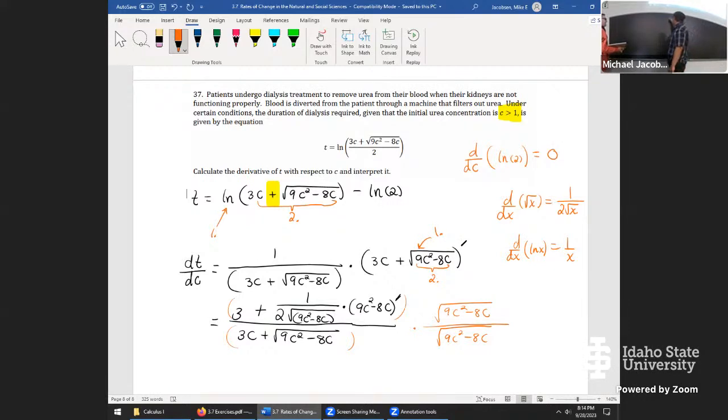The inner function would go here, and that would just become negative one. So here's that negative sign, and then e negative x. So that derivative would turn into negative e negative x. So literally all it does is make it negative.